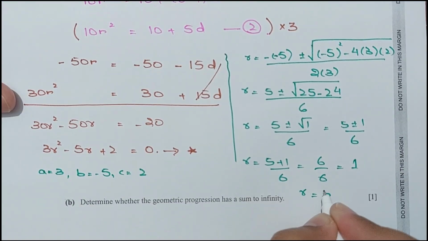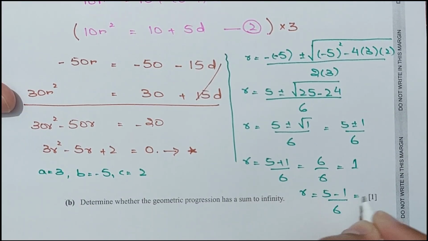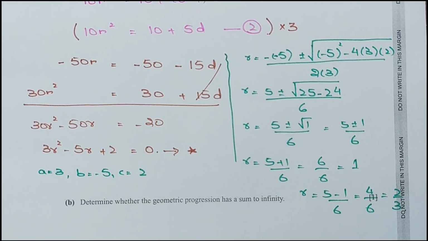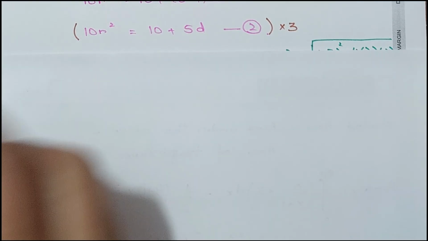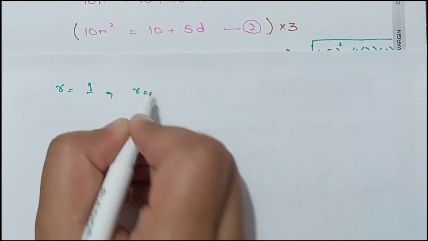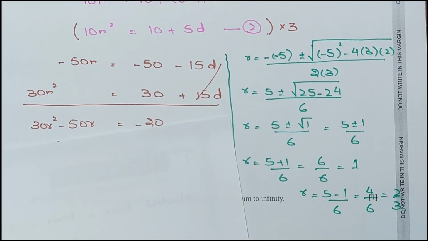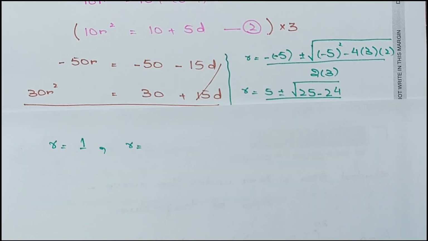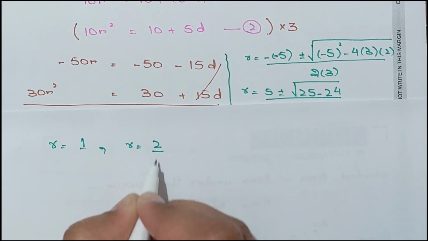Or r equals 5 minus 1 over 6, which is 4 over 6, that is 2 by 3. So we have two r values, which are 1 or 2 by 3. Let me write this down.